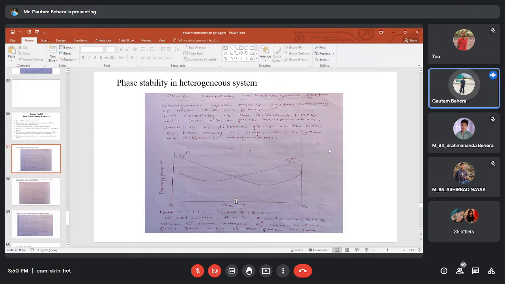The composition will change in such a way that the free energy will go down, minimum and minimum. So initially the free energy is this much, and due to change in composition, the free energy will decrease again. Where will it come? The alpha will come to this end, beta will come to this composition.